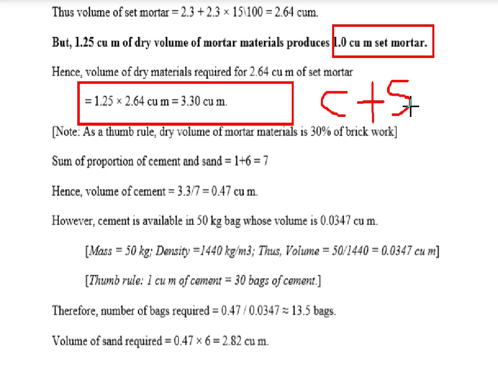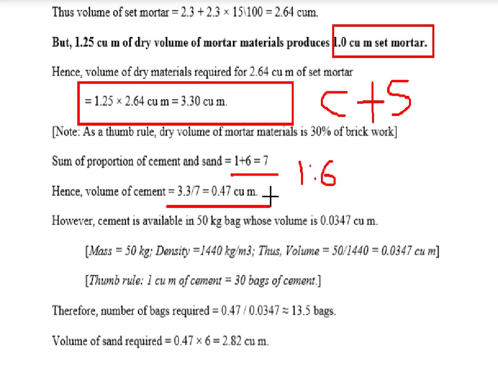In this example we use 1:6. So the volume of sand we calculate with the ratio of 1:6, and this is 0.47.